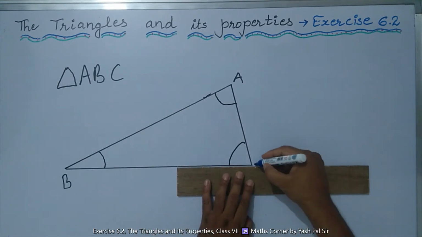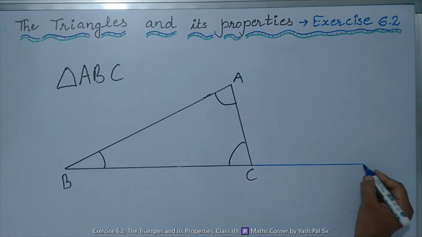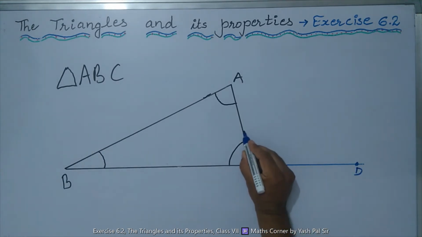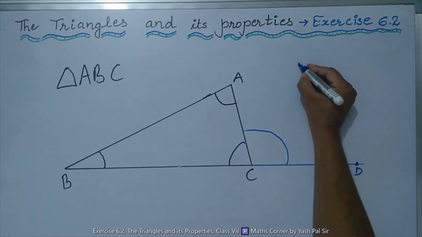Now we extend this side this way. Now suppose the name of this point is D, right? Now this angle is called the exterior angle.